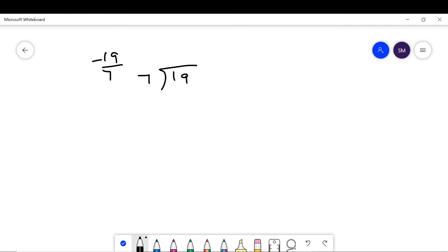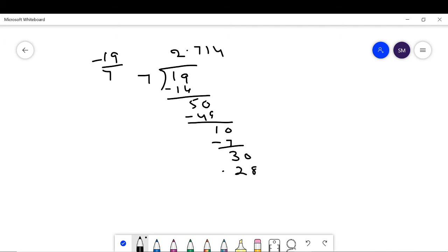19 divided by 7. 7 twos are 14. Then 5. Then put the decimal, put 0. 7 sevens are 49. Then 1, 0. 7 ones are 7. 3, 0. 7 fours are 28. 2, 0. 7 twos are 14. 6, 0. 7 eights are 56.